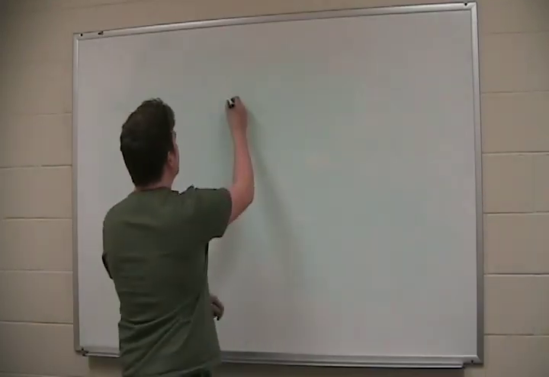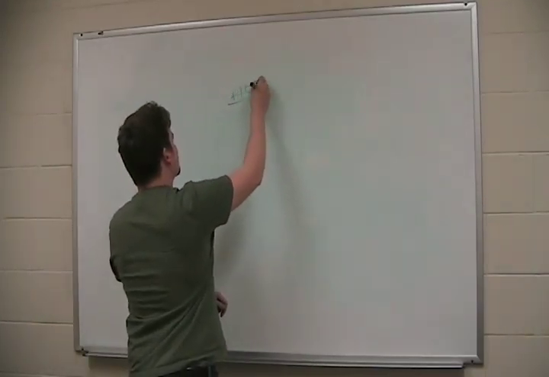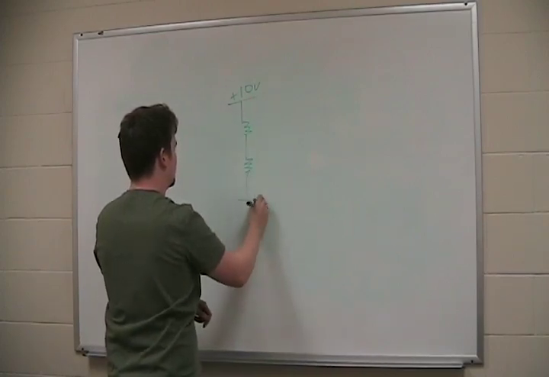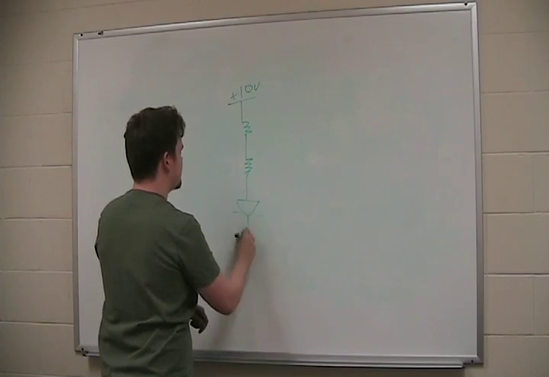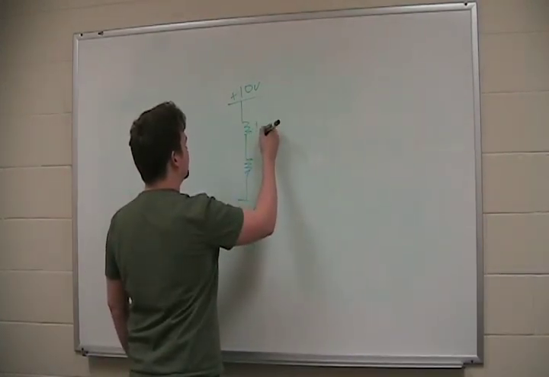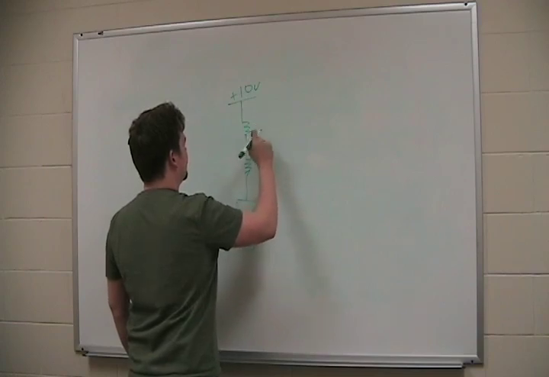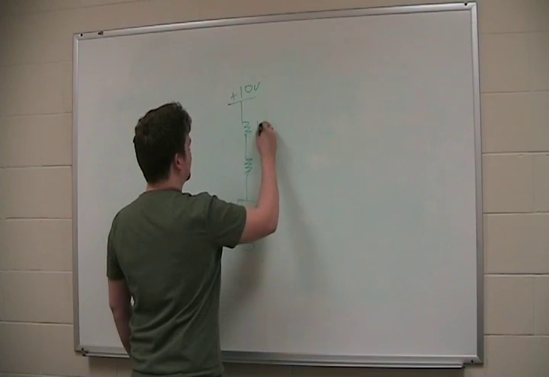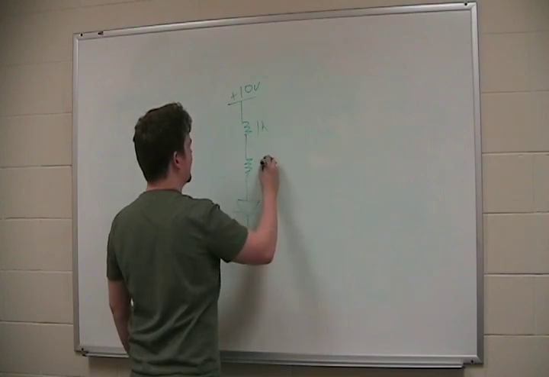Okay, so what about here? 10 volts. Standard diode. Let's just say 1K and 1K.